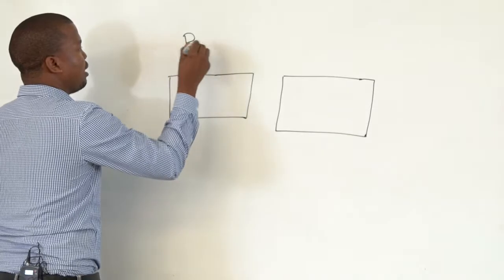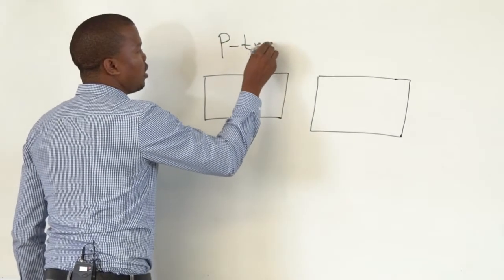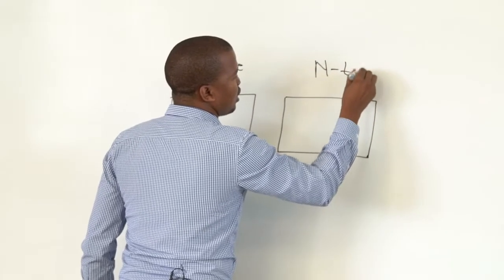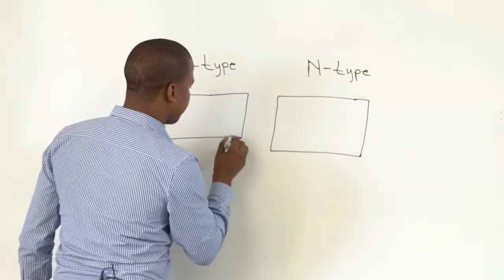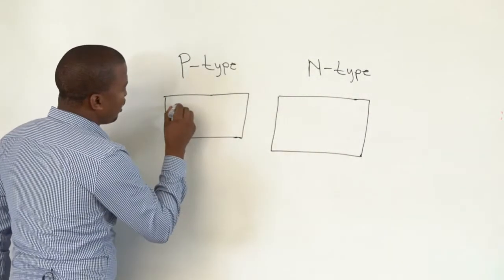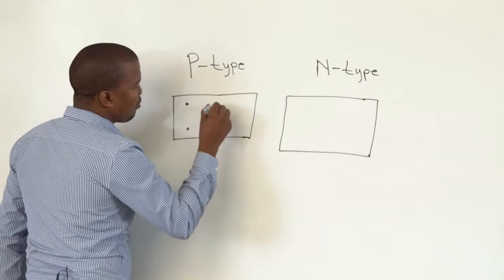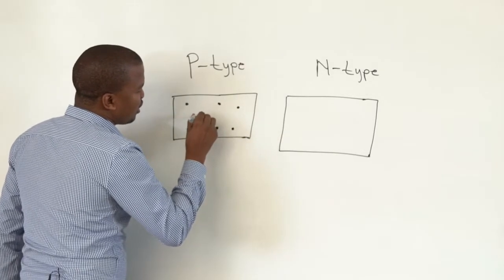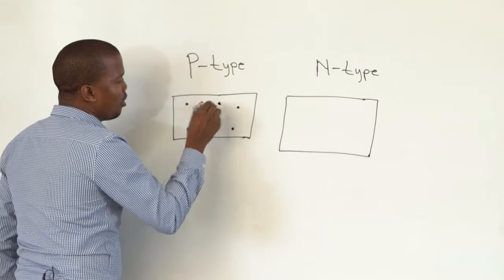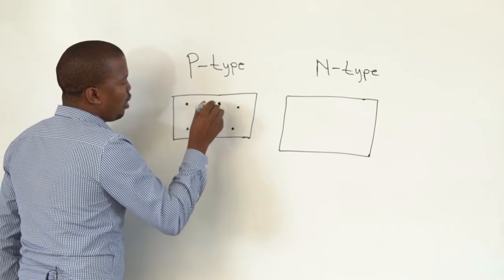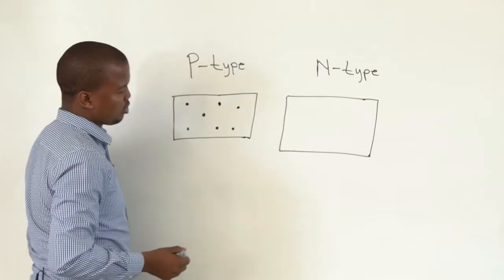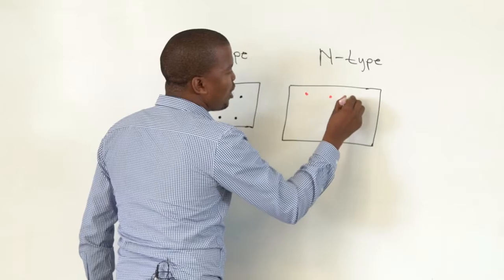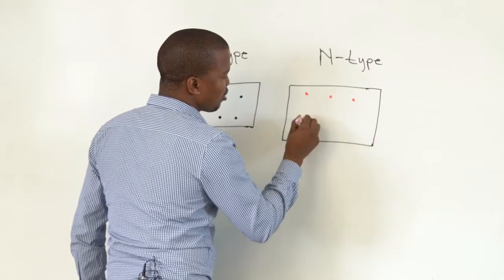This side is a P-type. This side is an N-type semiconductor. If you can remember, I told you that the P-type semiconductor is made of trivalent impurity atoms, and the N-type semiconductor is made of pentavalent impurity atoms.